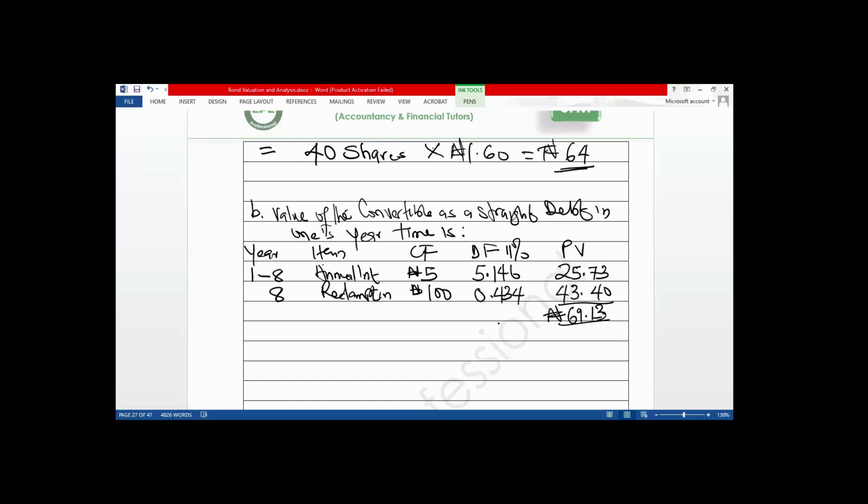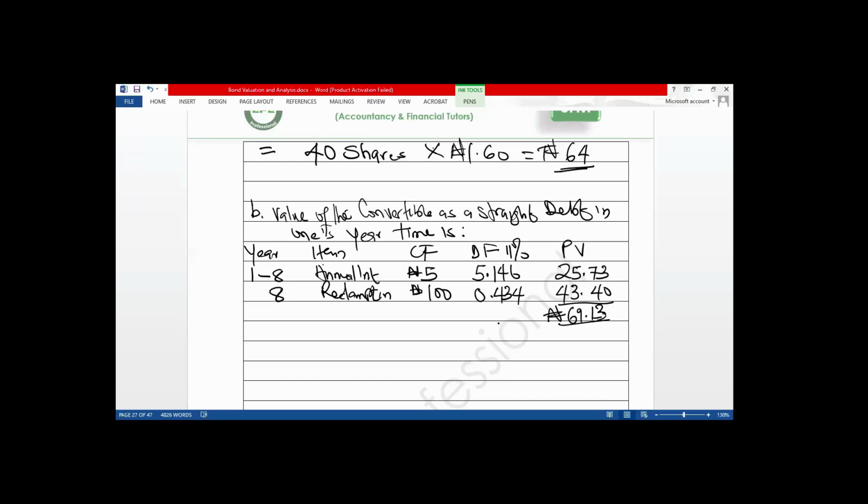I'll repeat that. In 1 year's time, you have a choice to maintain your investment as a debt. If you maintain the investment as a debt, the value is 69 naira 13 kobo. Alternatively, you can convert the debt to equity.